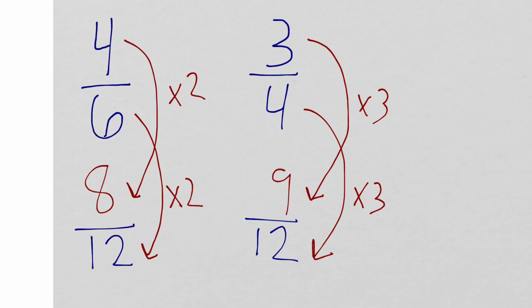Now, pause it one more time as you draw your symbol to decide which is bigger, 8/12 or 9/12. 9 is bigger than 8. They have a common denominator, so 9/12 is bigger than 8/12, and we write the less than symbol because 8/12 is less than 9/12.